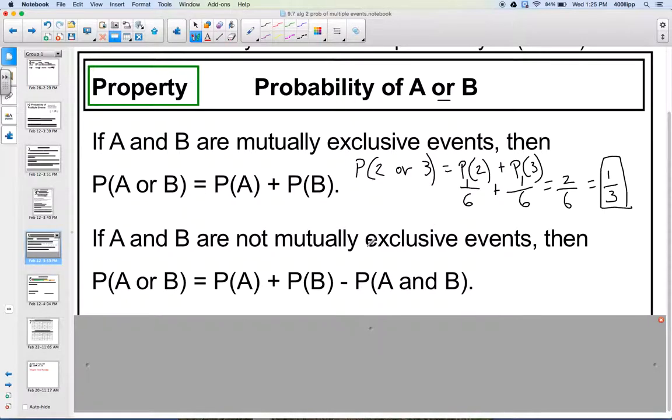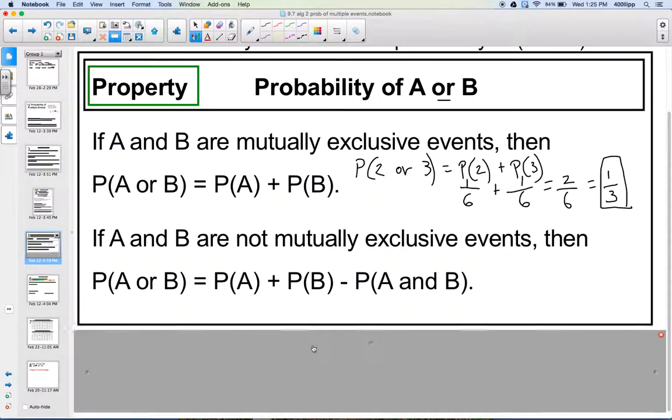For example, if we had the one that we did before, which was the probability of rolling an even or getting a multiple of 3, then I would say, okay, that's going to be the probability of an even plus the probability of rolling a multiple of 3.